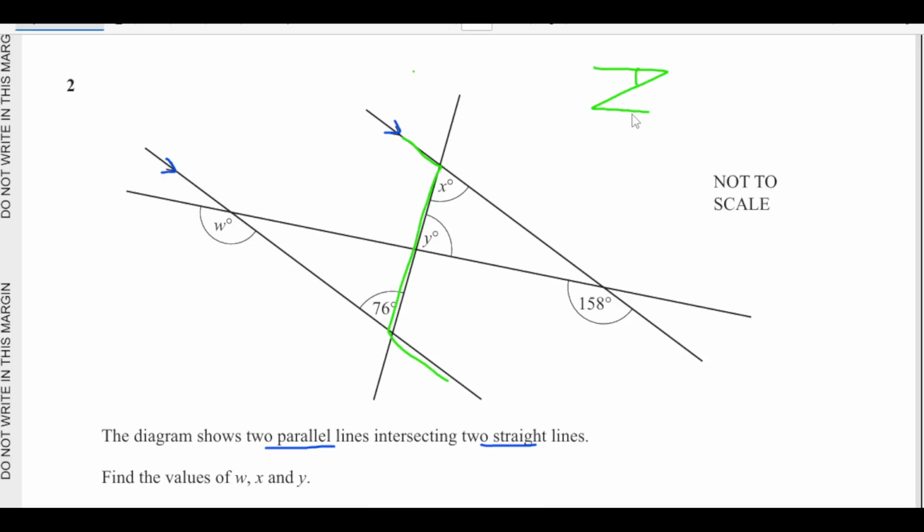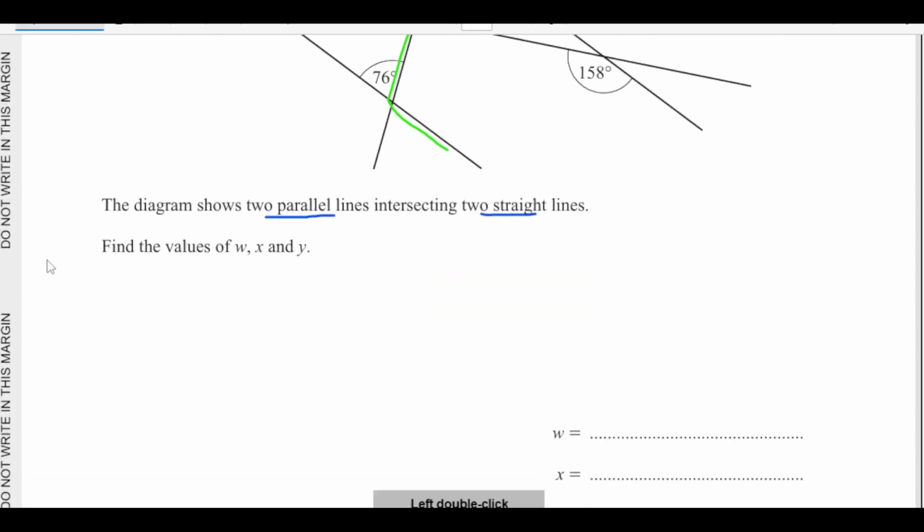So this angle and this angle are equal, they are alternate angles. This angle is 76, so x is also going to be 76. We will write here x is 76 degrees because alternate angles are equal.